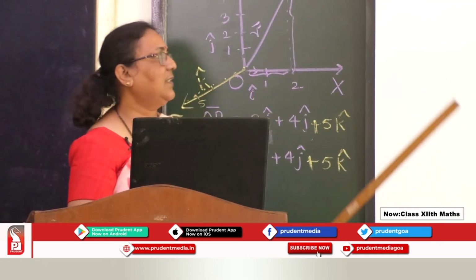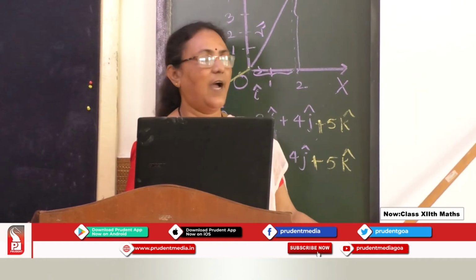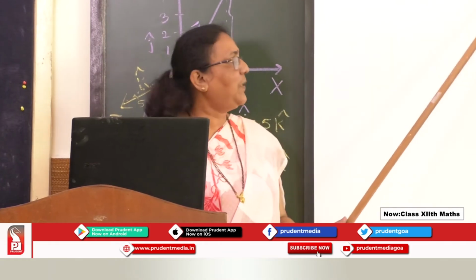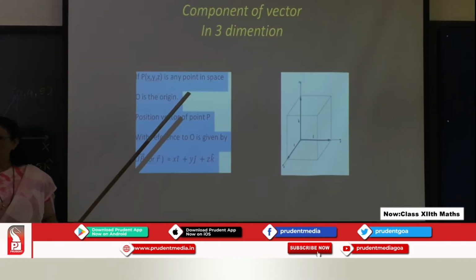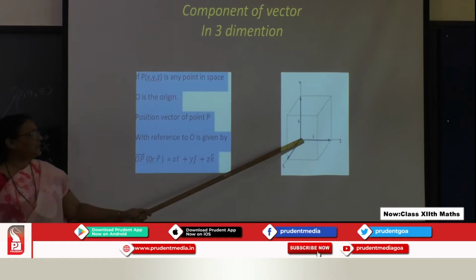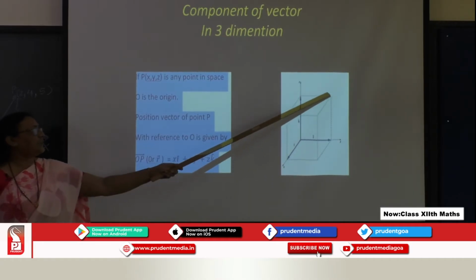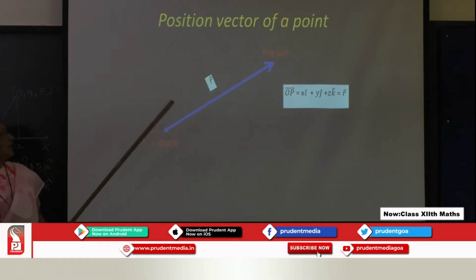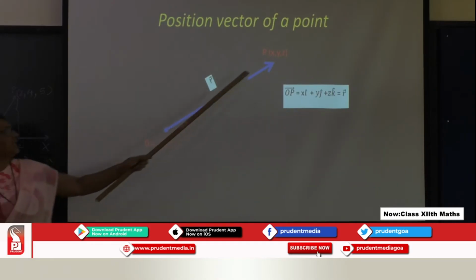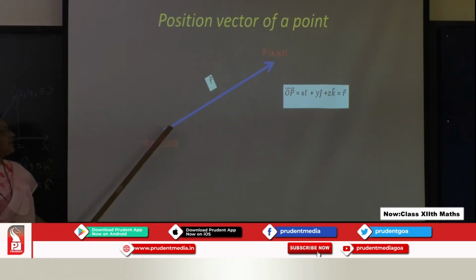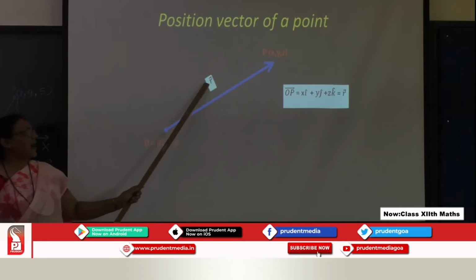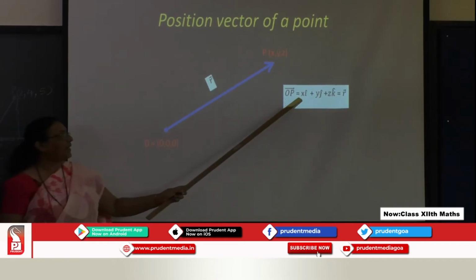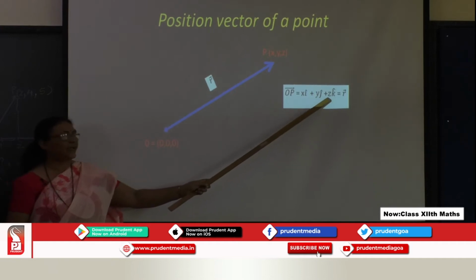Next, a very important thing. I had taken here only the origin and the point P. In the previous example, this was O and here it is P. So I separated vector OP from here; O is the origin and P is here. This vector is denoted by r bar, and r bar is given by x times i plus y times j plus z times k.